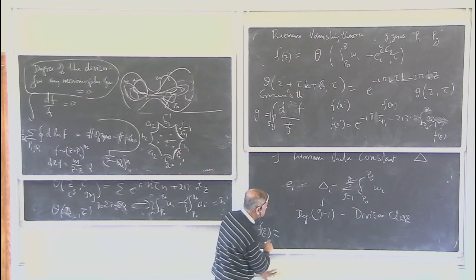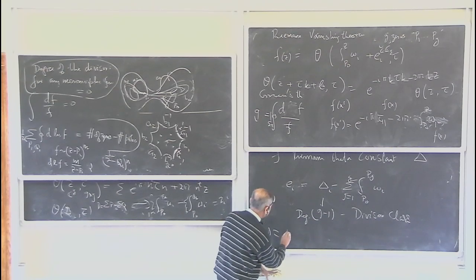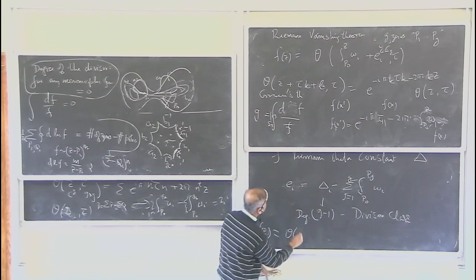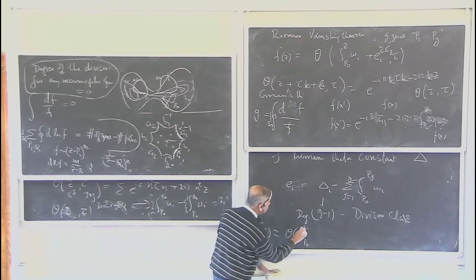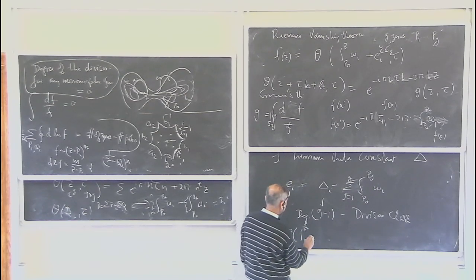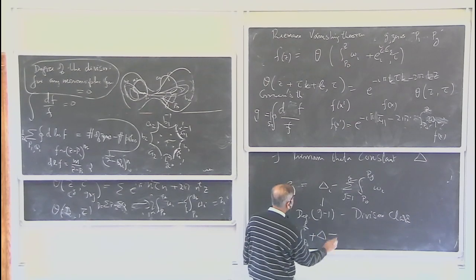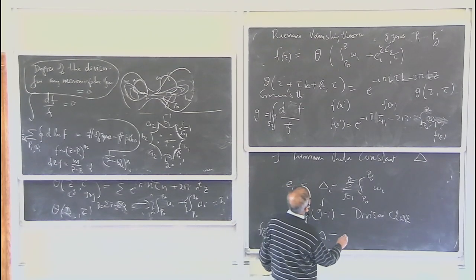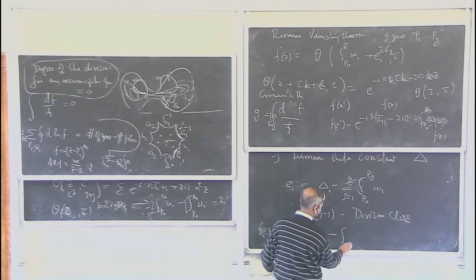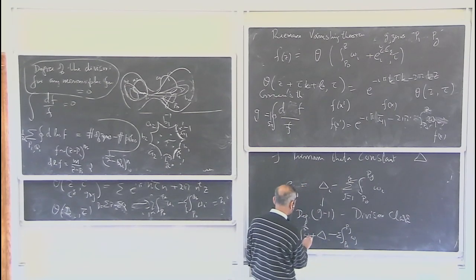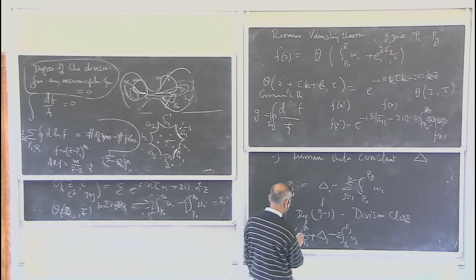So this f of z, you can write it as theta. Just substitute that back here. You'll get theta of the integral from p naught to z, plus delta, minus the integral from p naught to pj of omega j.